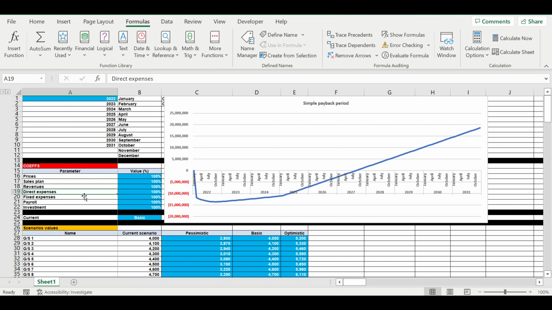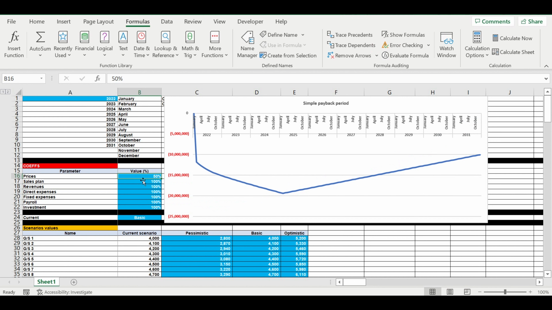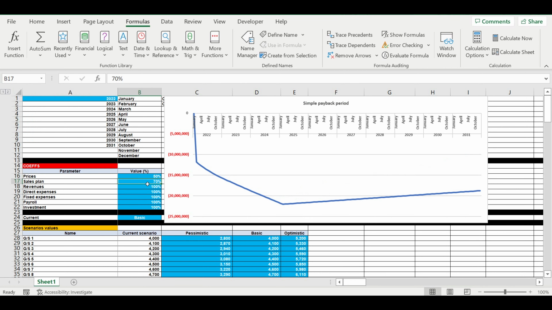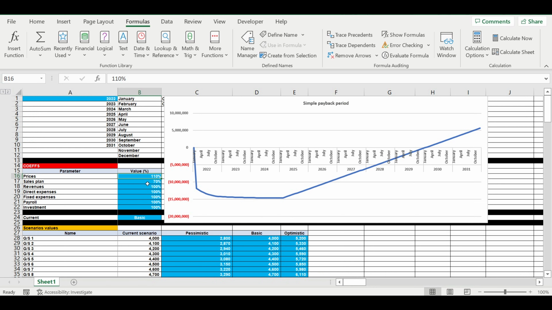Because we are done with cash flow statements, we can, for example, see what will happen to our business idea if prices will be 50% of the current scenario, if the sales plan will be 70% of what we have at the moment, or if prices will be 10% higher than the current scenario and the sales plan 30% bigger.